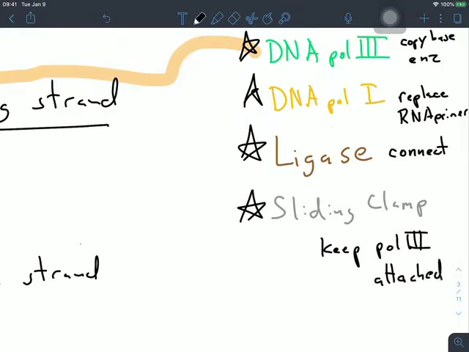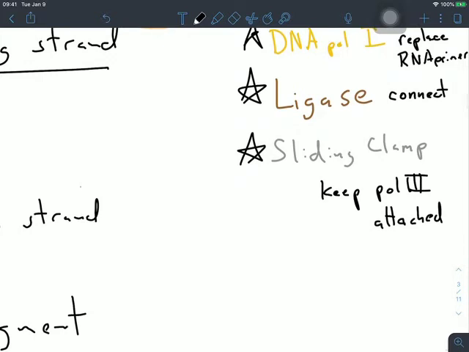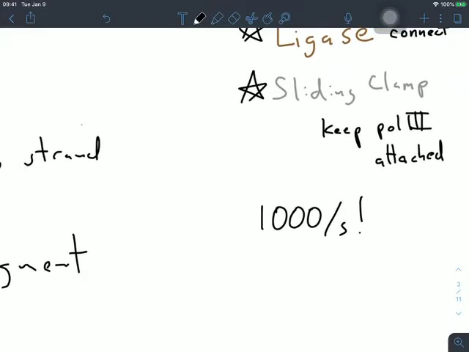And this is because Pol 3 can be a very, very fast enzyme. In fact, in prokaryotes, DNA Pol 3 can do something like 1,000 bases per second. It needs that sliding clamp to make sure it does not fall off at such blistering fast paces.